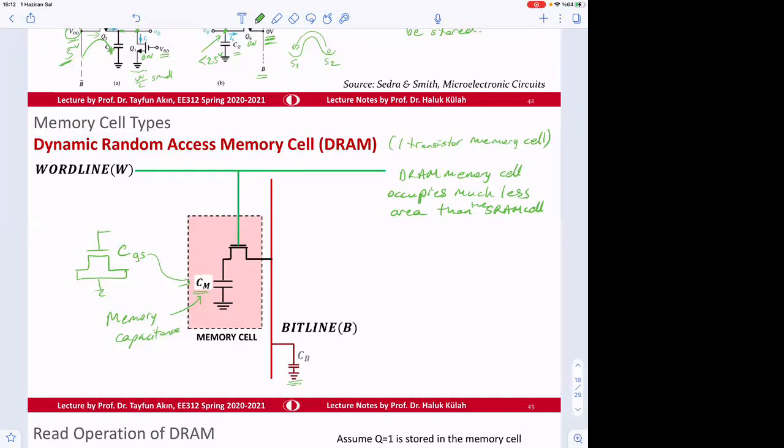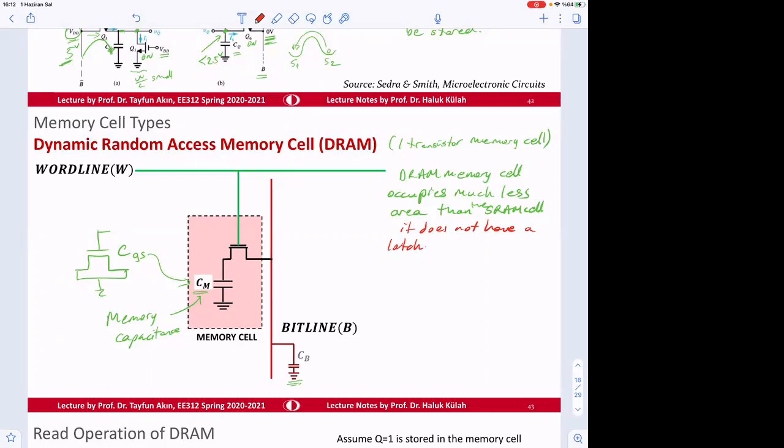That is the good thing. The negative thing is that it does not have a latch.